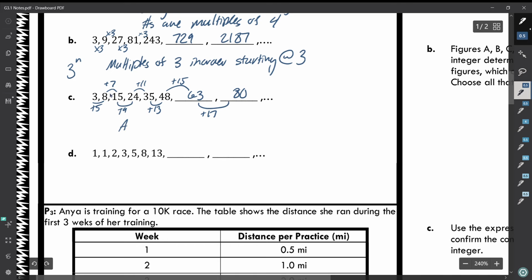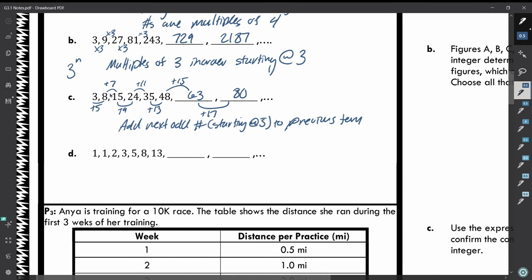So how about: add the next consecutive odd number, starting at 5, to the previous term. To get 8, we added 5. To get 15, we added the next odd number, which was 7. To get 24, we added the next odd number, which was 9, and so on.